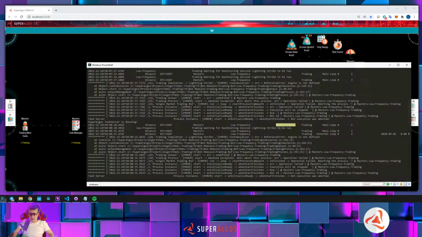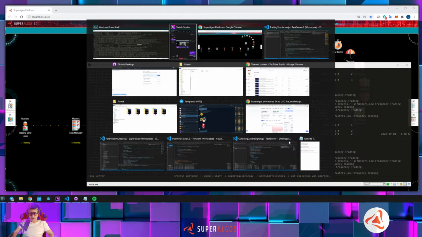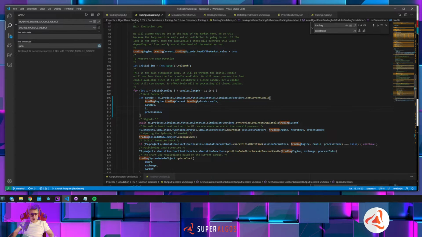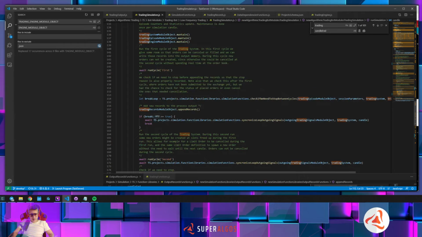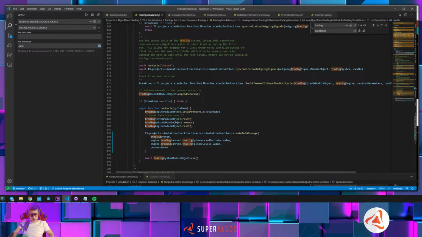Another problem. Again, trading simulation 192. Yes, you're right. This is a trading engine. Trading engine.